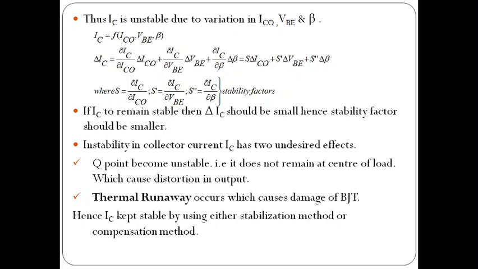When temperature increases, the collector current increases. When the collector current increases, the heat produced at the collector junction also increases. When heat increases at the collector junction, the temperature increases again.